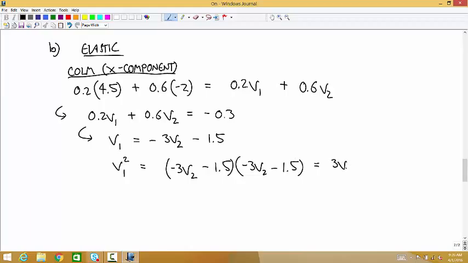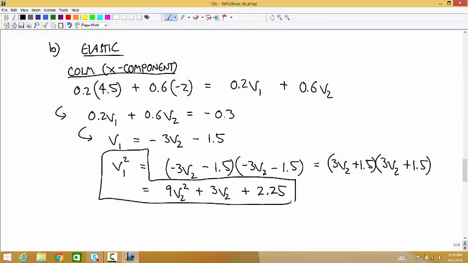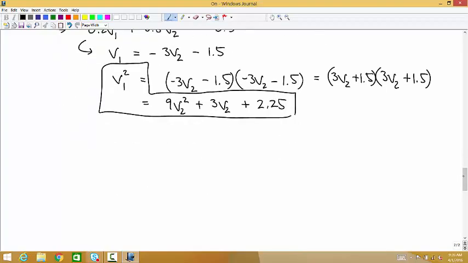That's the same thing as 3V2 plus 1.5 squared. And so you get 9V2 squared plus 9V2 plus 2.25. And now that's the relationship that we're going to substitute into the elastic equation. You can do this stuff in any order, obviously.